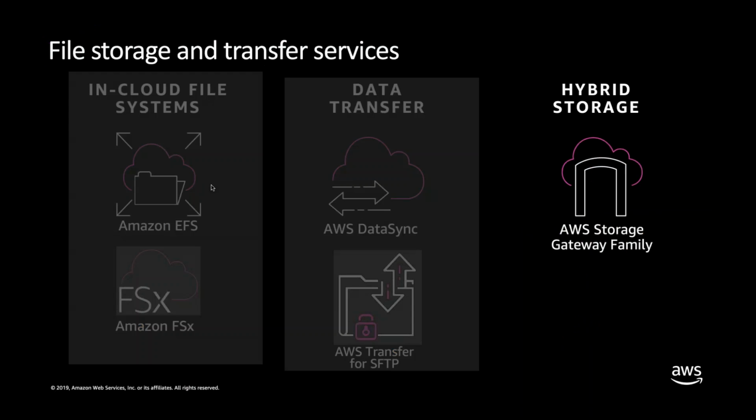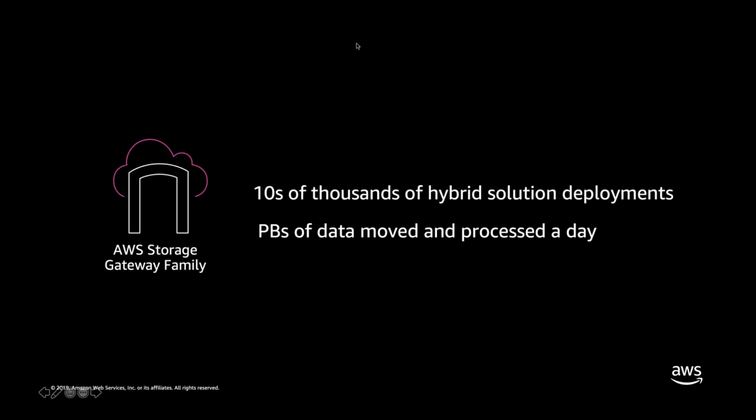The next category of file storage and transfer service will be the hybrid storage, basically the AWS Storage Gateway family. The AWS Storage Gateway family is a hybrid solution wherein the storage gateway is running in your on-prem environment.